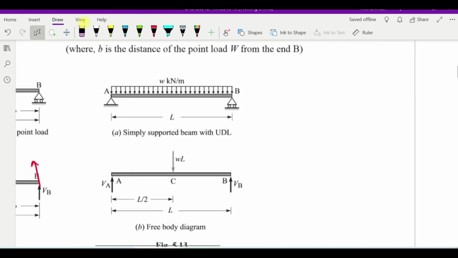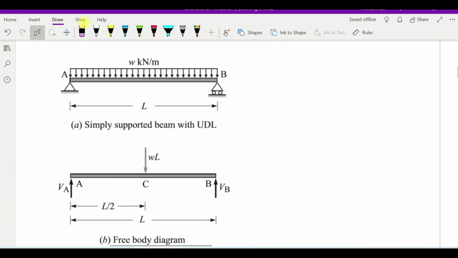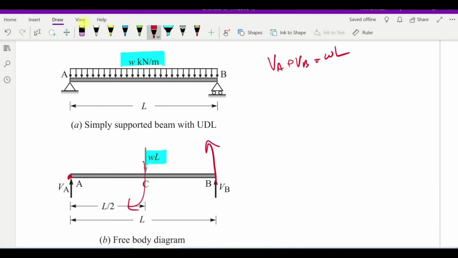The next category is simply supported beam with UDL over the entire span. As we have discussed already, the UDL over the entire span can be fictitiously converted into a point load, although it should not be converted. It is just for the consideration of understanding. So VA plus VB is equal to WL, and if I take moment about point A, I'll get clockwise moment due to this fictitious load and anti-clockwise moment due to VB.